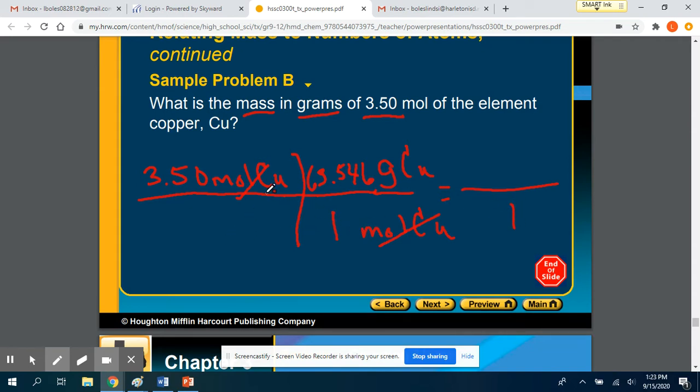The top would be 3.50 times 63.546. The answer is 222. When you're writing your final answer, you would need to put 222 grams of copper. Those are your units, so it's important that you write it like that.